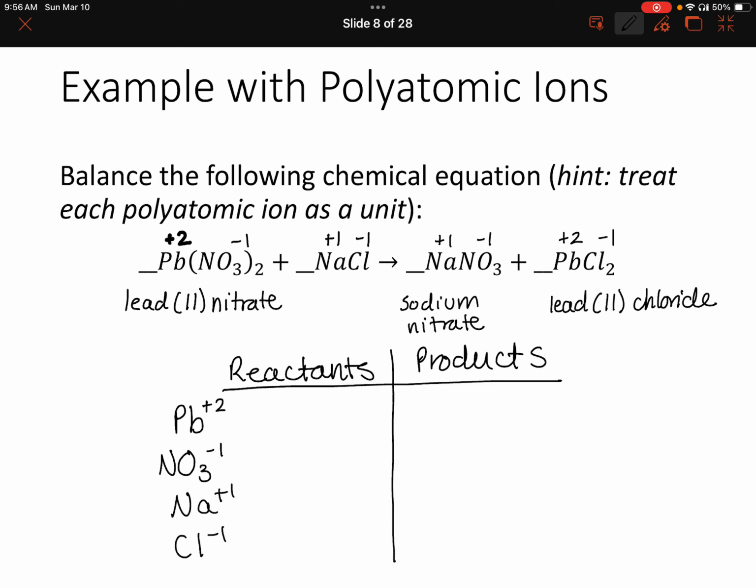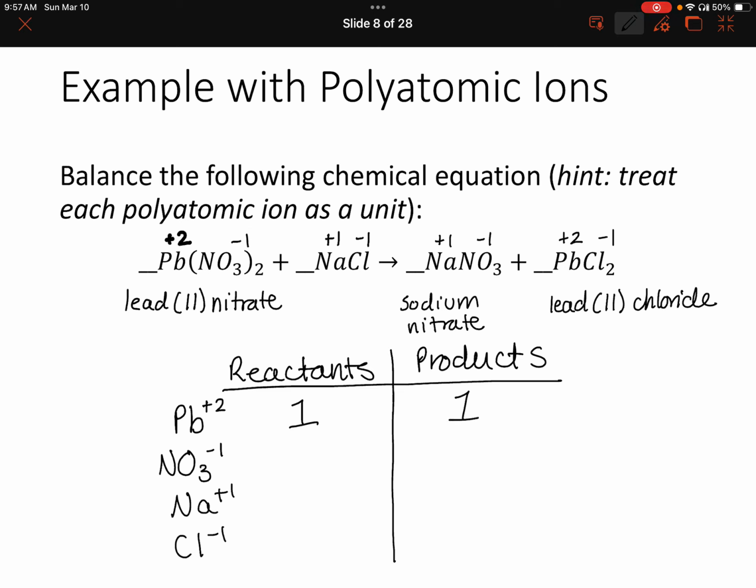All right, and then how many lead ions do we have on the reactant side? Just one. And how many lead ions do we have on the product side? Just one again.